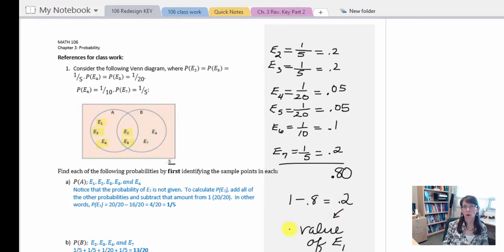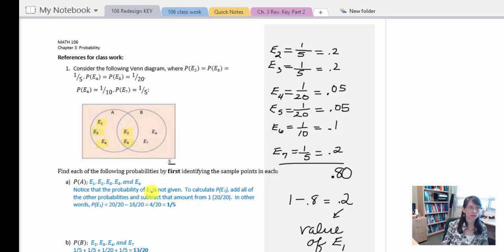Now that we have all the decimal values for our points, we can go back and find the following probabilities by first identifying the sample points in each. The probability of A means these 5 points are included in event A. So we'll simply add all of the decimal values representing these 5 points.